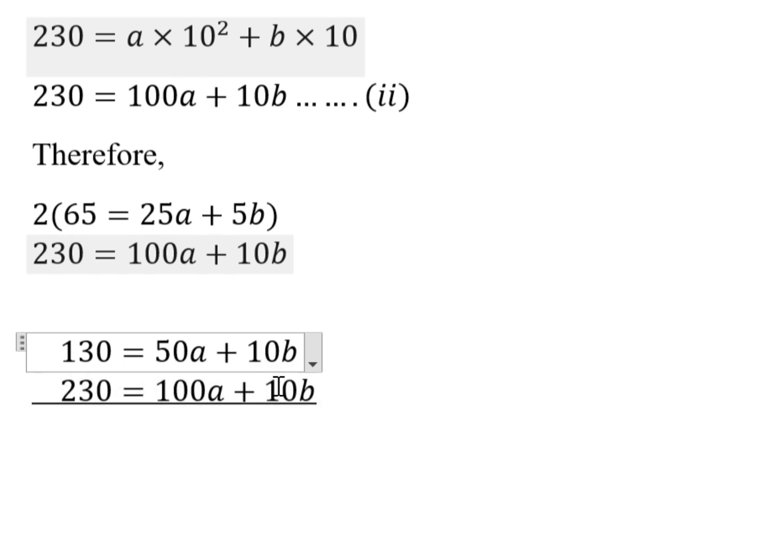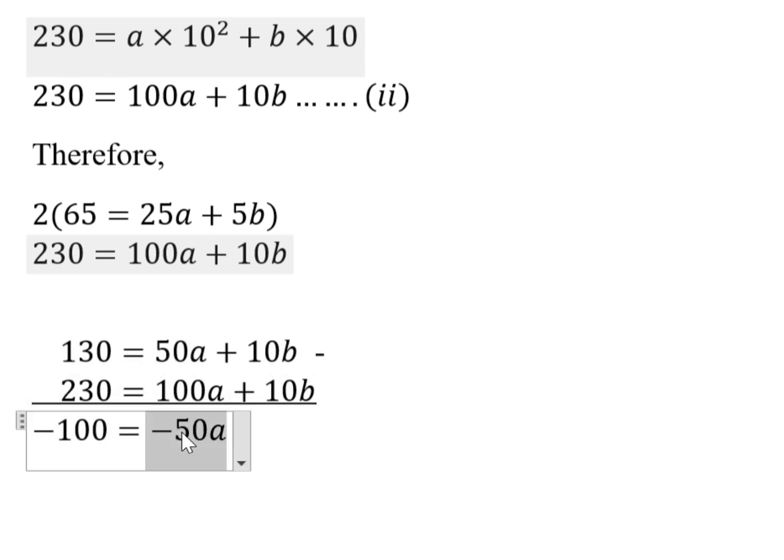If these equal coefficients have similar signs like they do, we subtract the two equations. So we shall subtract there. 130 minus 230 gives us negative 100, being equal to 50a minus 100a gives us negative 50a. And then this one, of course, is 0.